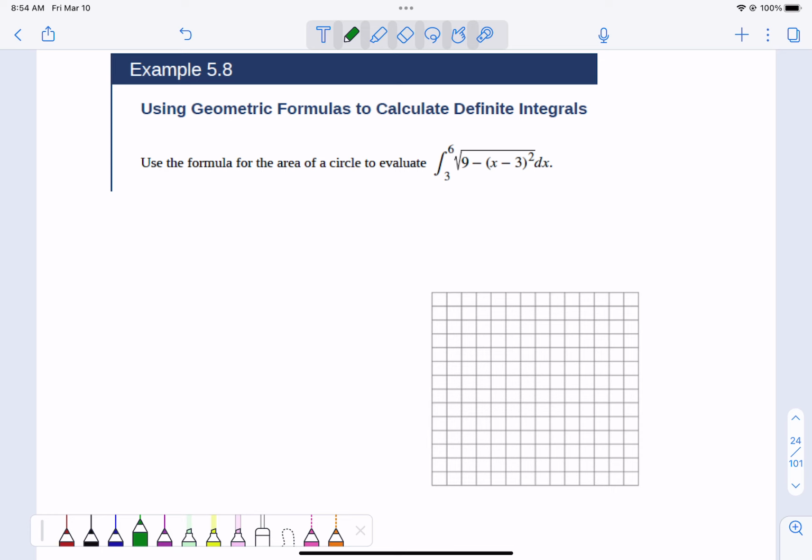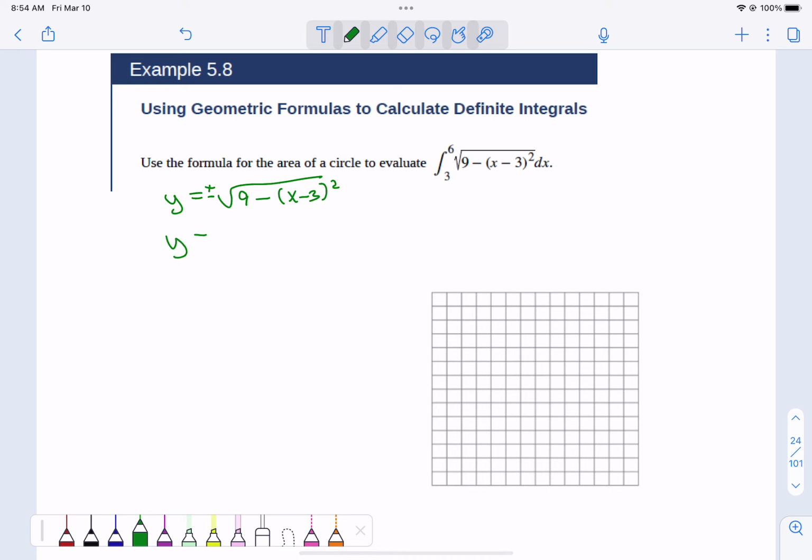So when they say use the formula for the area of a circle to evaluate this integral from 3 to 6 of the square root of 9 minus x minus 3 squared, let me remind you of a full circle has a plus or minus there.